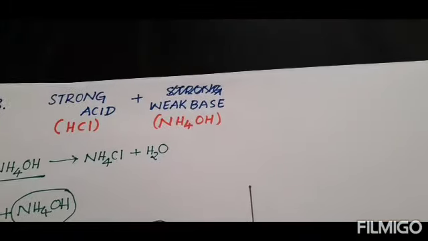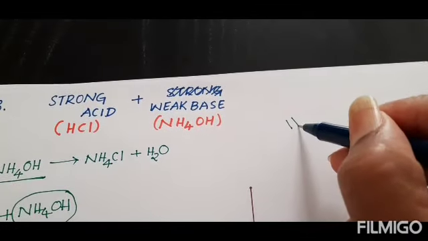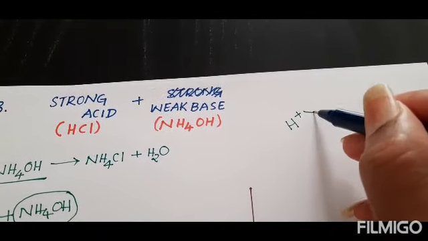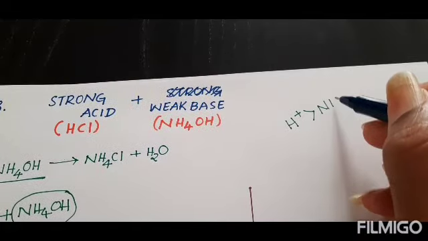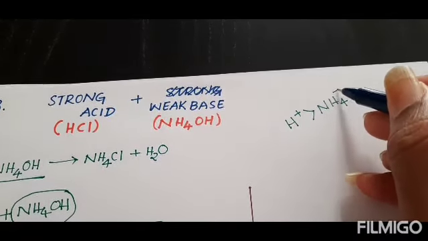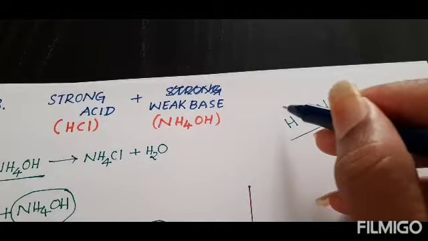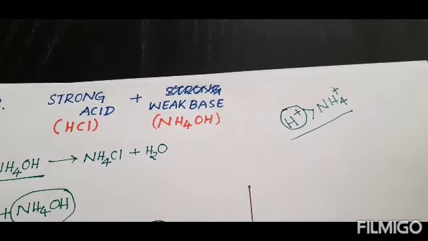Here the key point is the mobility or conductance of H plus is greater than NH4 plus, just like in the previous case. Because of its small size, it has a higher mobility.